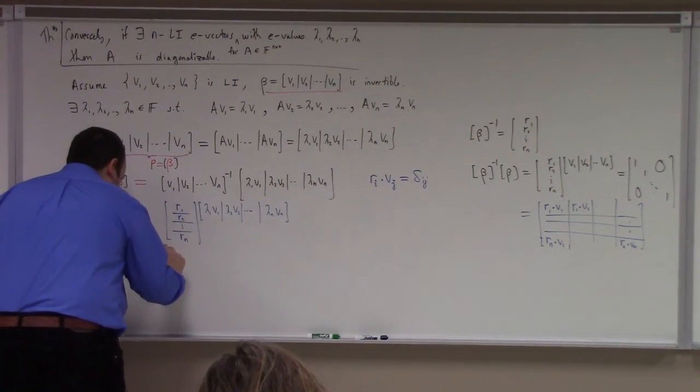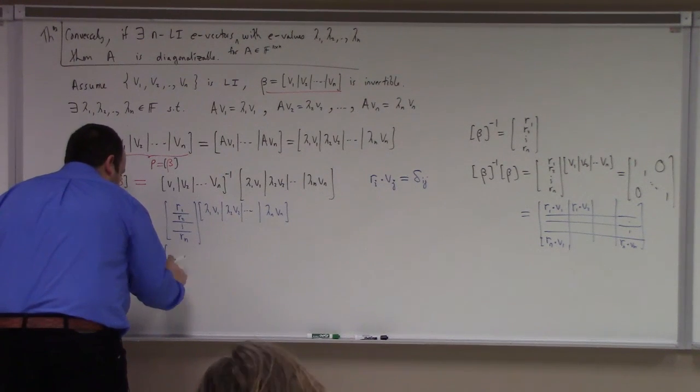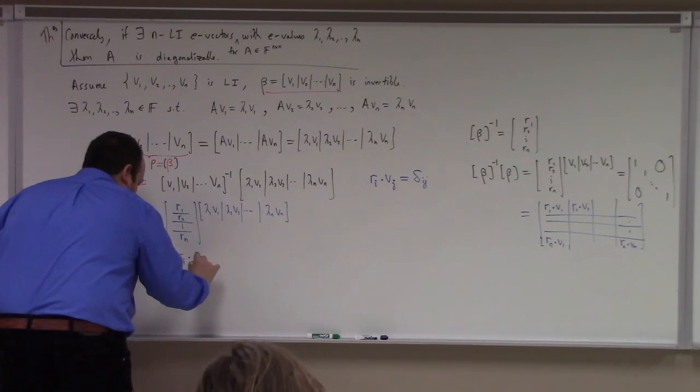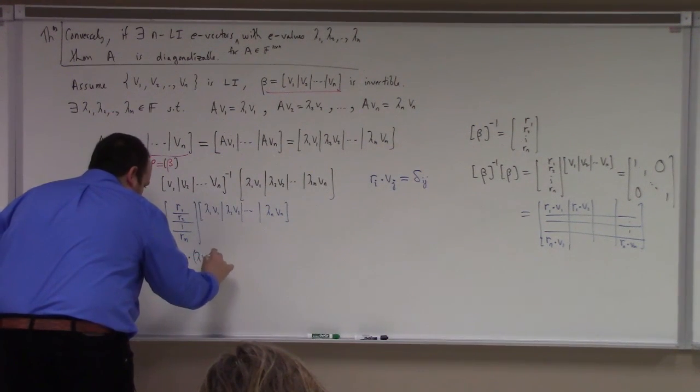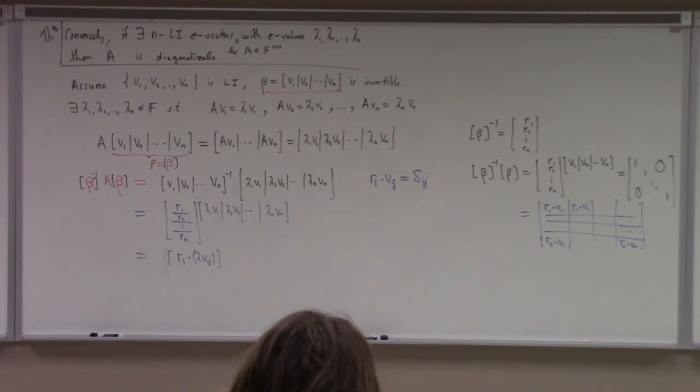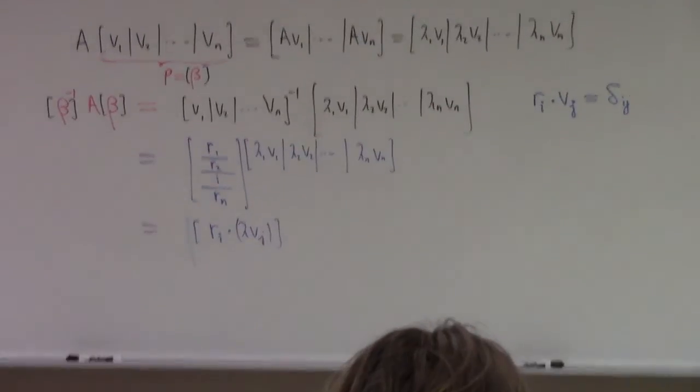What is that? Well, if you don't mind me writing it all at once, this is Ri dot lambda times Vj as a matrix. That's the ijth component of it. But what is that?